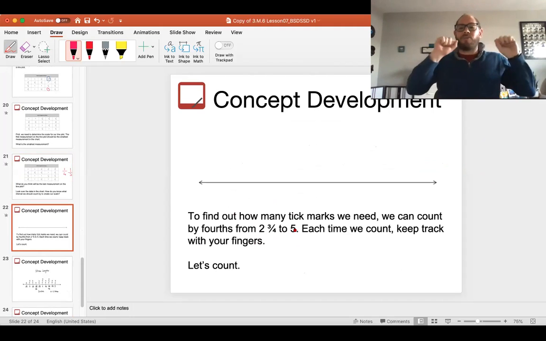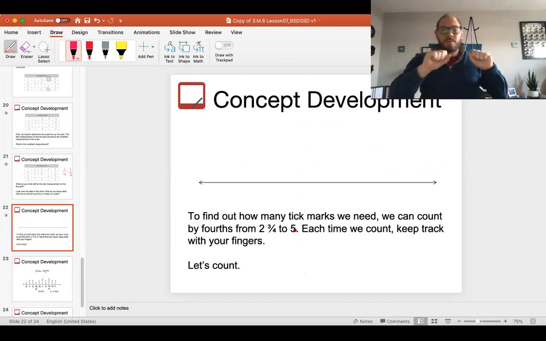So let's go ahead, we're gonna count it together. We're gonna start at 2 3/4. The next number, 2 3/4 plus 1/4 is 3. 3 1/4, 3 1/2, 3 3/4, 4. 4 1/4, 4 1/2, 4 3/4, 5.